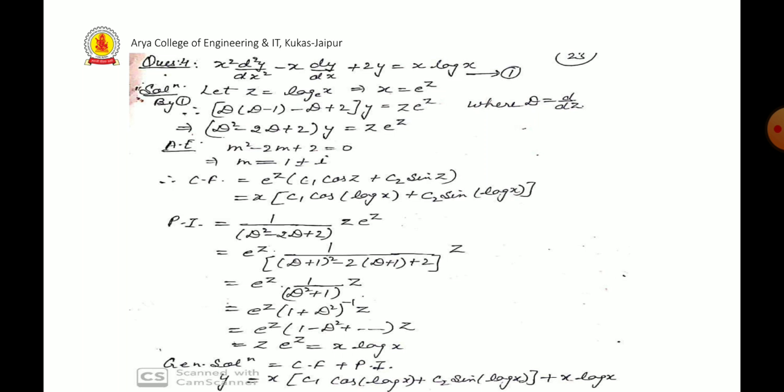And the PI of the equation is 1 upon D squared minus 2D plus 2, and the operator is applied on z e to the power z.